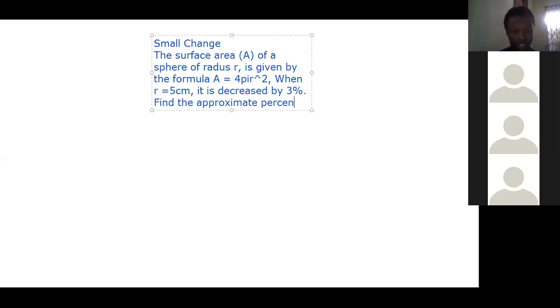Find the approximate percentage decrease in the surface area.